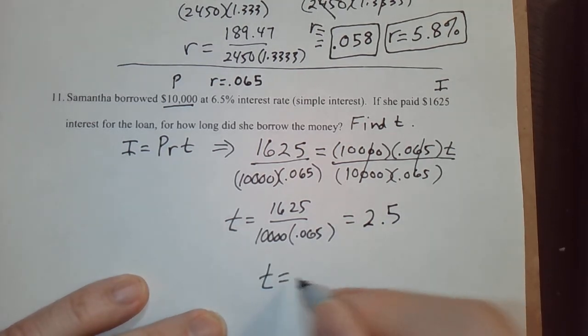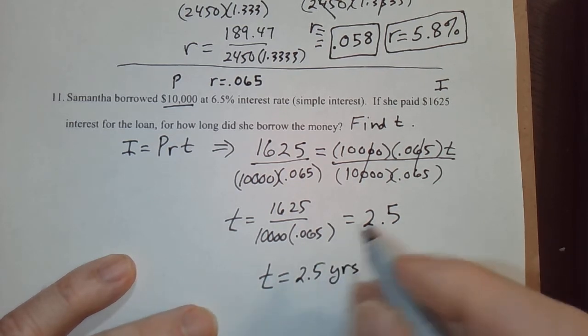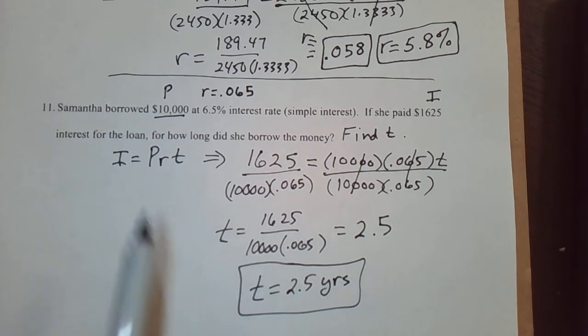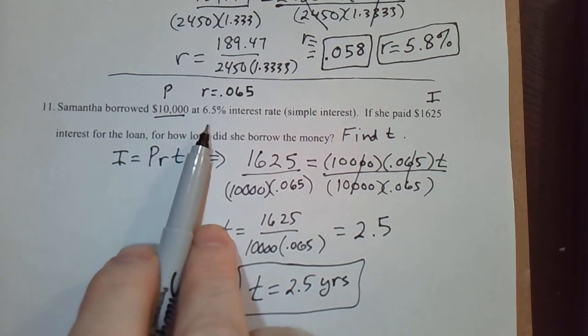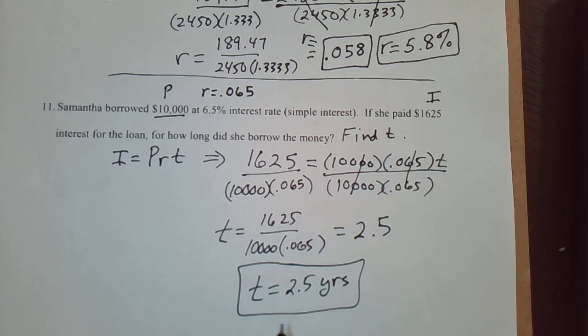So T, using the correct units, would be 2.5 years. So a $10,000 loan at 6.5% annual interest, if the interest is $1,625, then the length of that loan would be 2.5 years.